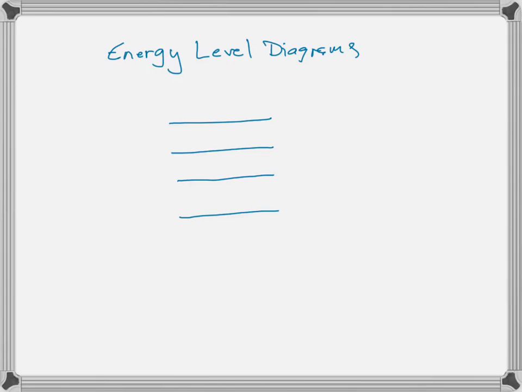If you haven't seen them before, they might look something like this. More likely, the energy levels get closer together as we go up. So these are energy levels, and the energy increases in that direction.